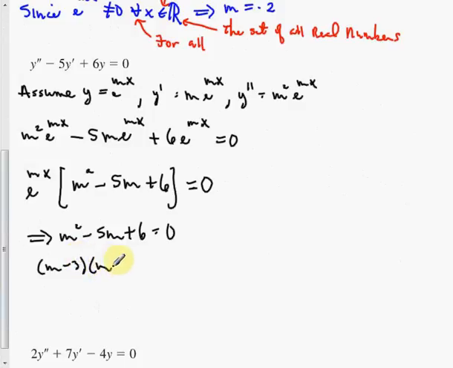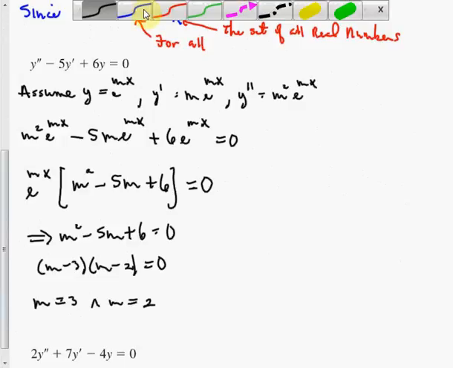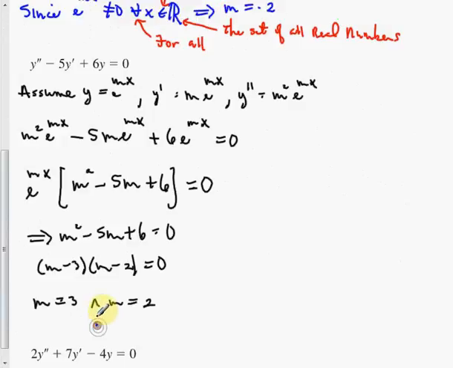M minus 3 and m minus 2 equal to 0. So we get m equal to 3 and m equal to 2. That's the set notation for and, and this statement here is this implies that. Right? The inference implies a conclusion.